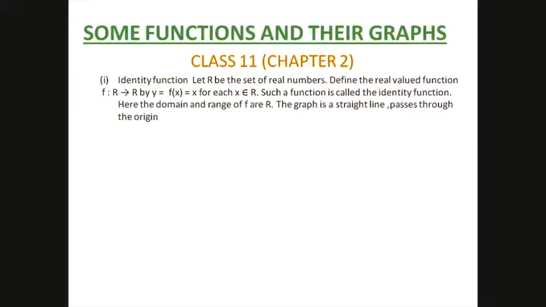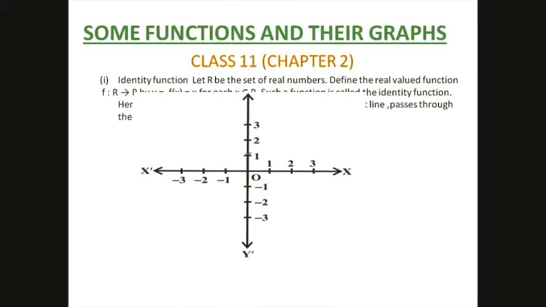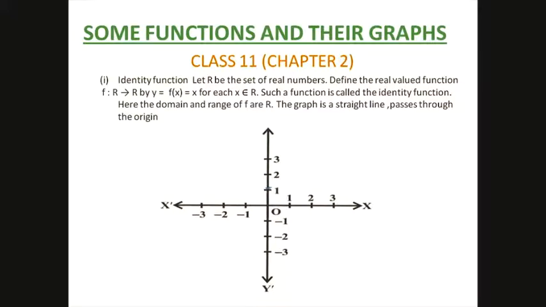The graph is a straight line that passes through the origin. So let us have this Cartesian plane which contains x-axis as well as y-axis. Here x-axis means the domain line. Whatever we insert on the x-axis is called the domain, that is x. And whatever we write on the y-axis, the codomain, is called the range.